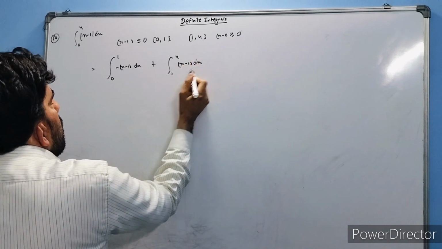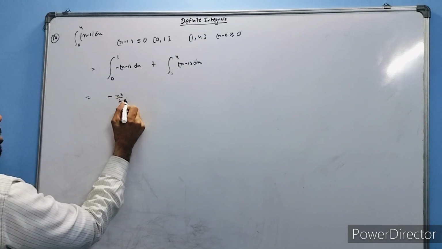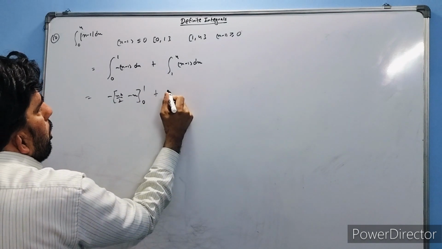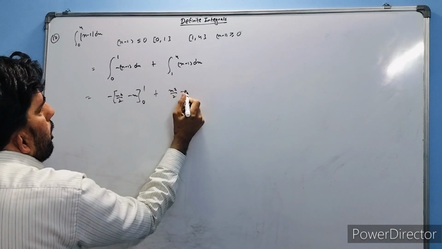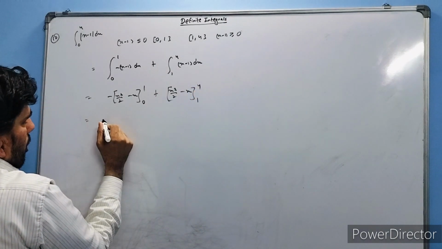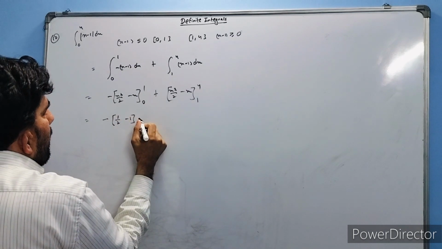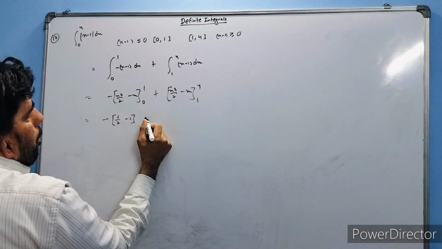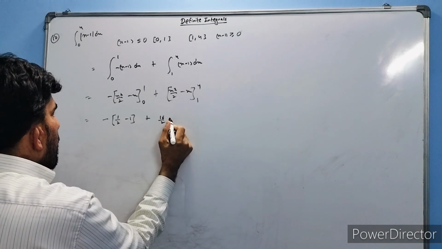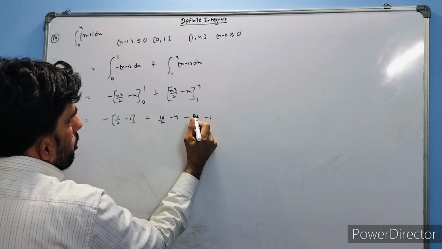Okay, so now let's try to solve this. We got x square by 2 minus x, and here also x square by 2 minus x. So now we have limits 1 and 4. We have 1 by 2 minus 1, minus, if I put 0 it will be 0, plus here also 4 square, 16 upon 2, minus 4, minus half minus 1.